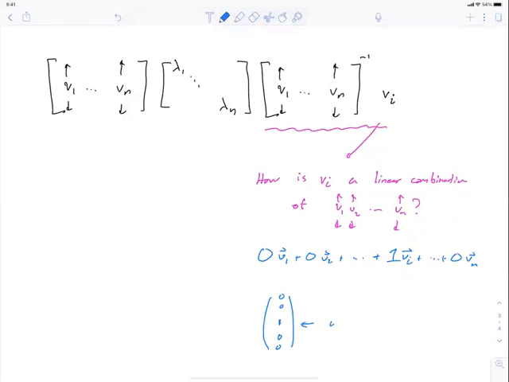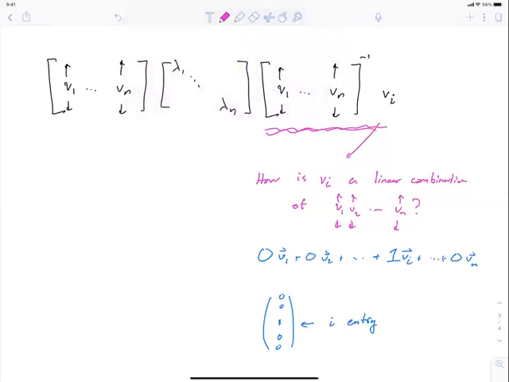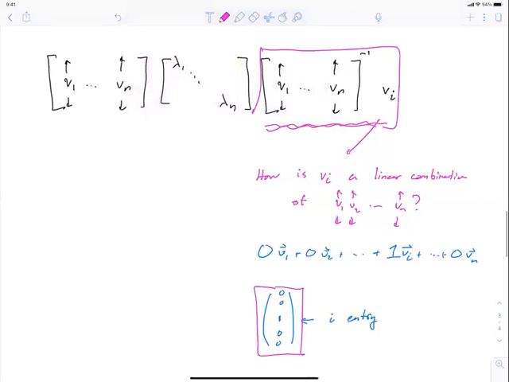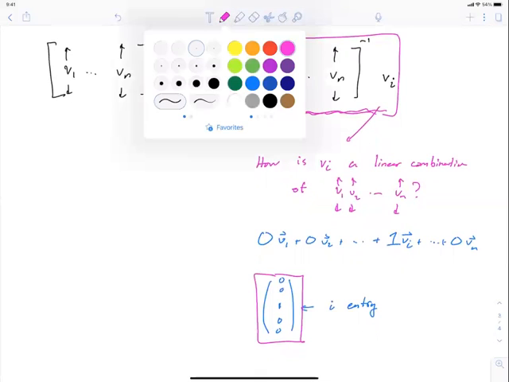This is the ith entry. That's what this inverse times the vector is going to be. In some sense, this is a change of basis. You're changing from the standard basis to the other basis.